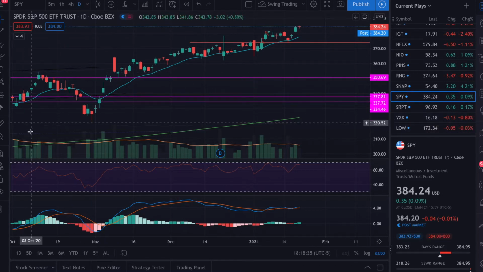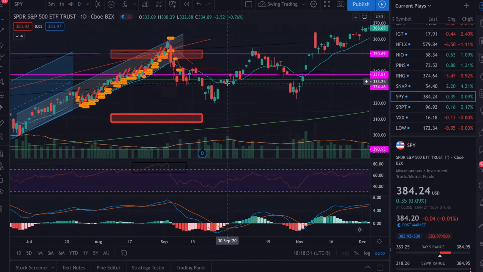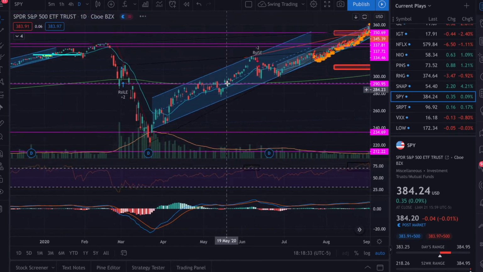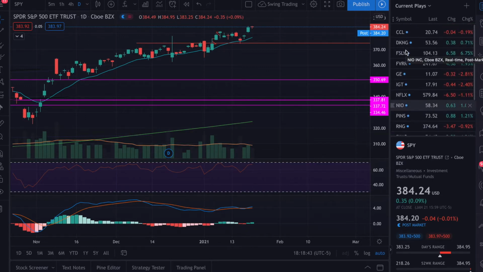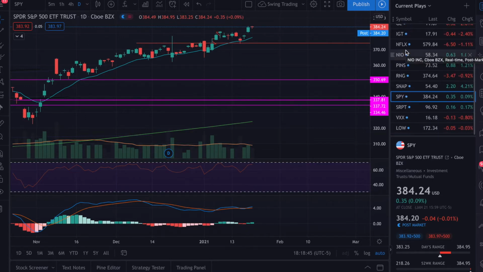Let me hide these, actually, it'll make it a little bit easier. As you go through and track a trade, I can track the SPY back for a long time, where I've traded and tracked various things on the SPY. I've not played it a lot lately because things have been so volatile. But nevertheless, you have a list of stocks that you want to track and watch, and then you look for specific things within those stocks to make your trades.